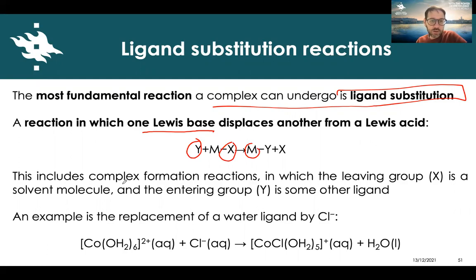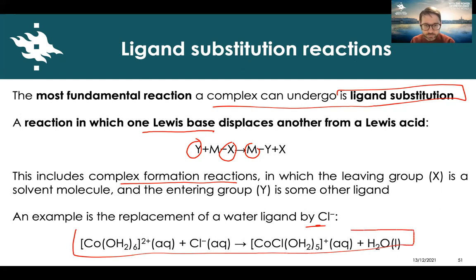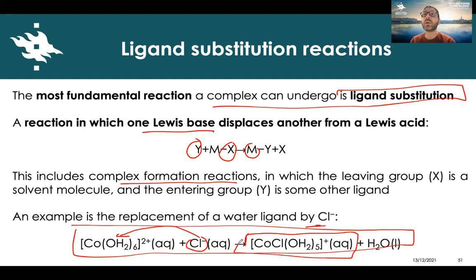So this includes complex formation reactions in which the leaving group is a solvent molecule, for example, and the entering group is another ligand. An example is this replacement of the water ligand by chlorido ligand, as expressed here in this equation, in which we can have the chlorido replacing one of the waters in the coordination sphere of the metal to generate the corresponding complex.